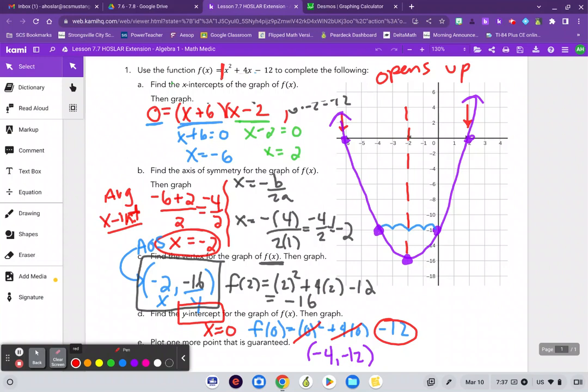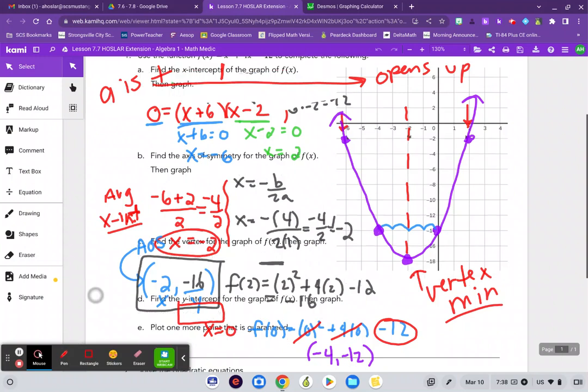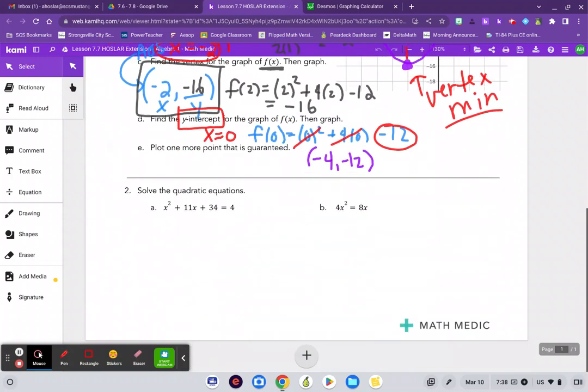But because the a value is positive, I'm going to open up. And if I open up, that tells me that my vertex is a minimum. Okay, I have a lowest point. So these are just some comments that I want to make because they're questions that might be popping back up at us. All right, so let's take this another step further.